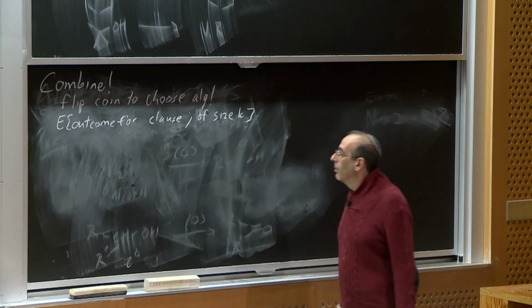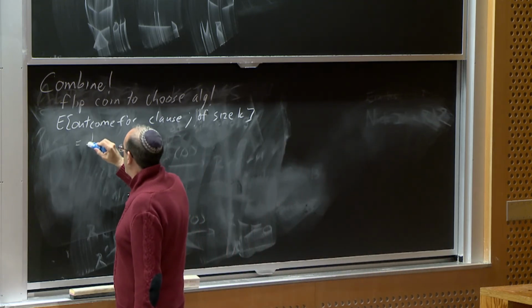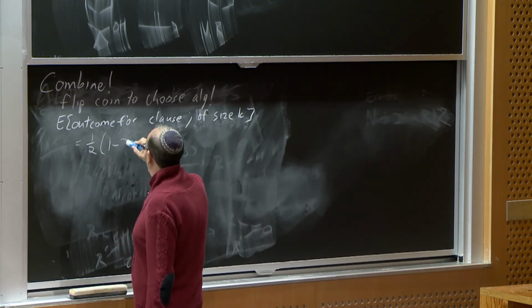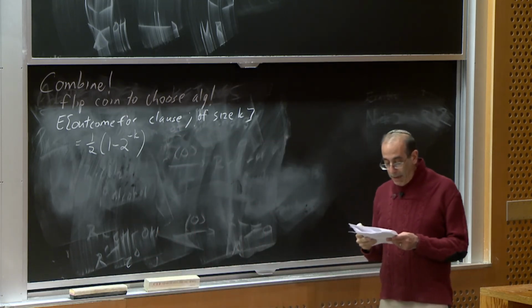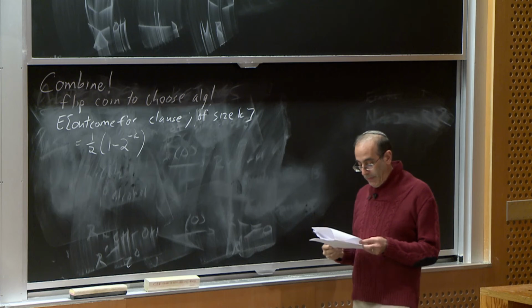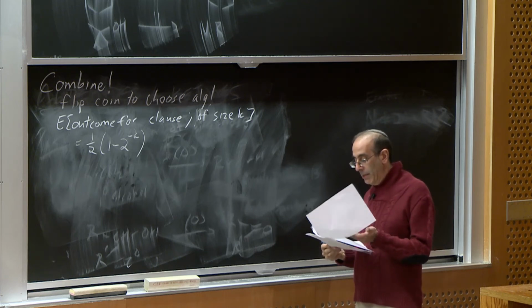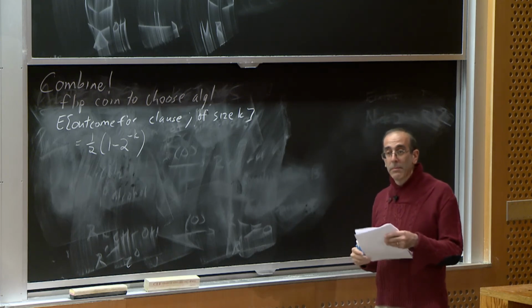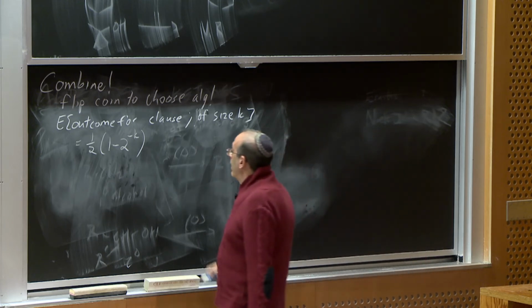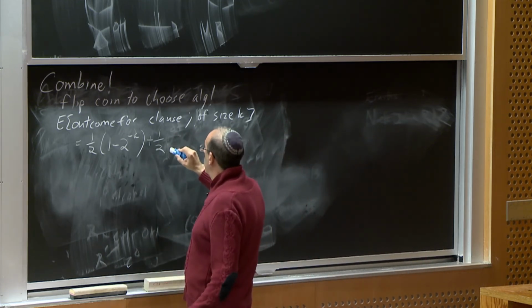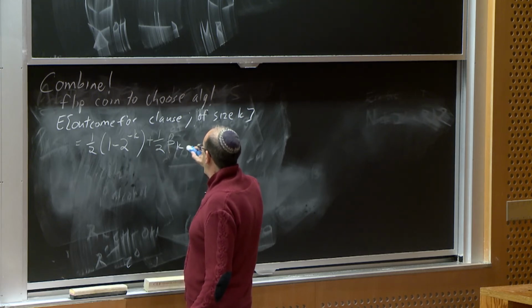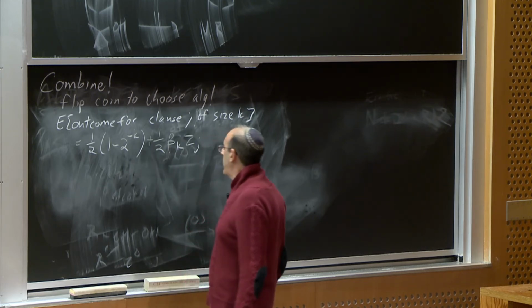Well, half the time, it's going to be true with probability 1 minus 2 to the minus k. The other half of the time, it's going to be true with probability beta k times zj.